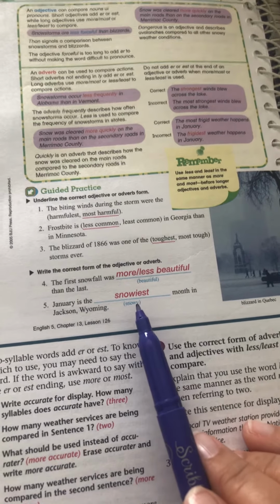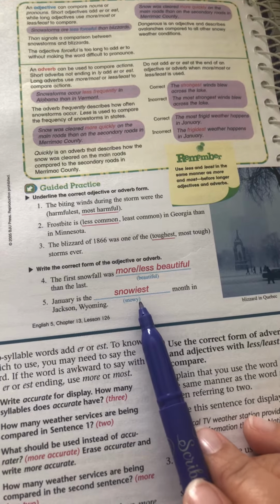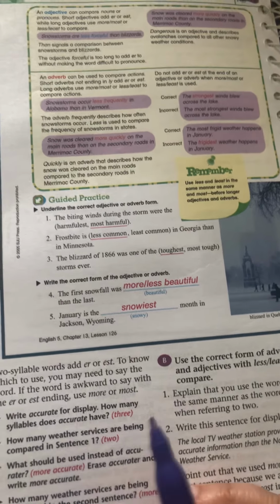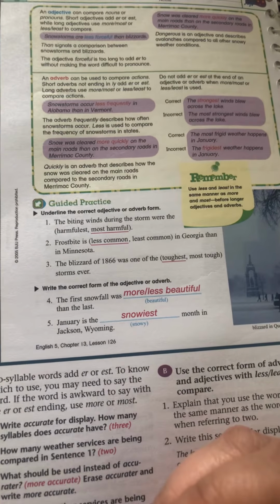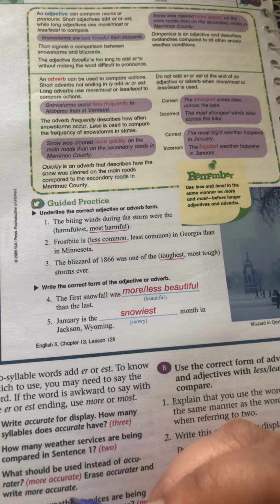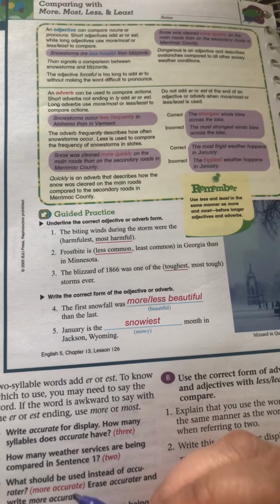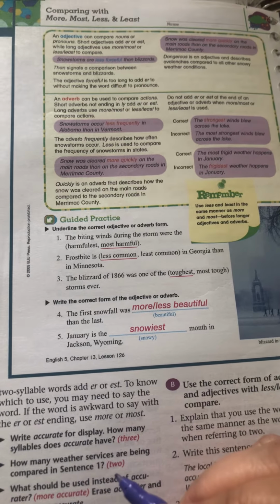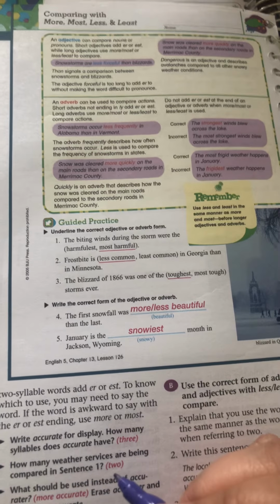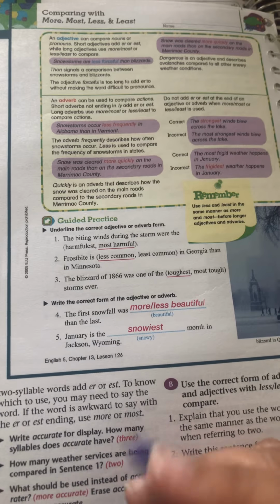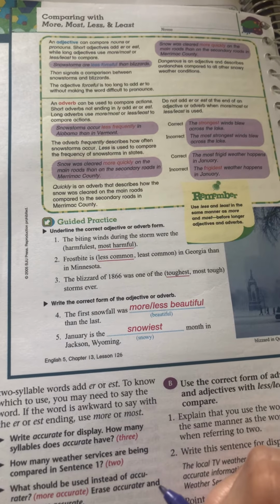And snowy is a short adjective, so I can change the Y to I and add EST. When you're working on your practice exercises today, remember that more and less are used when you're comparing two things, and most or least is usually used when you're comparing more than two.